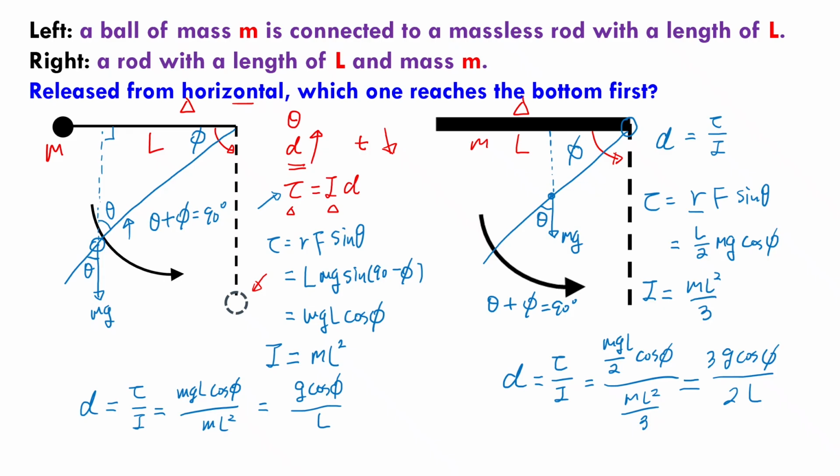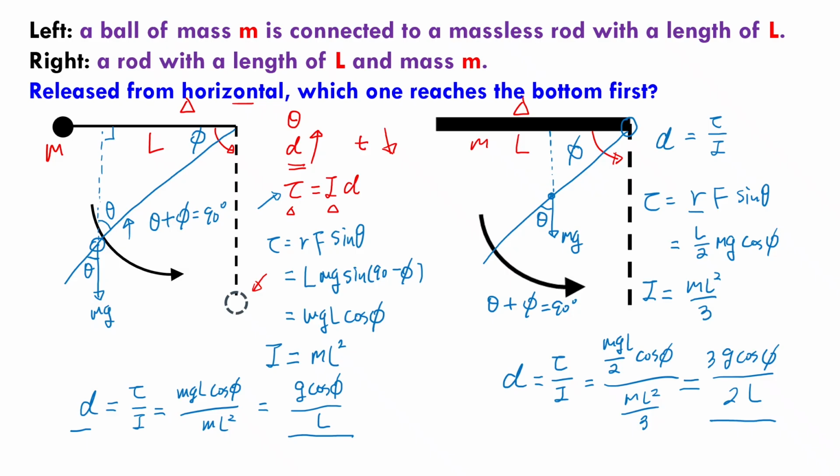So what did we find out? Under the same angle phi, the angular acceleration for the left system is g cosine phi divided by L. But for the right system, its angular acceleration is 3g cosine phi divided by 2L.